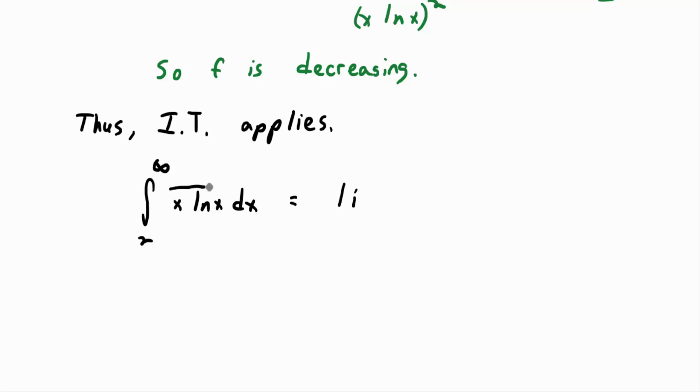I just noticed that I didn't put in the numerator. Okay. So the limit as what goes to what? b goes to infinity of the integral from 2 to b, or not to b, 1 over x natural log x dx.